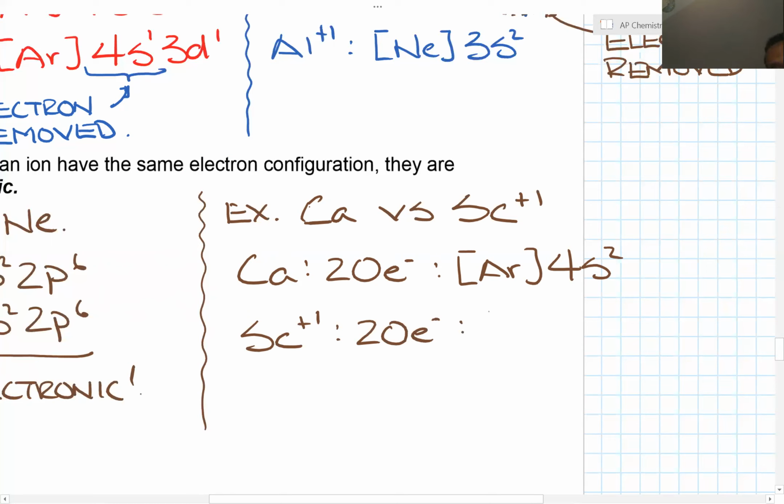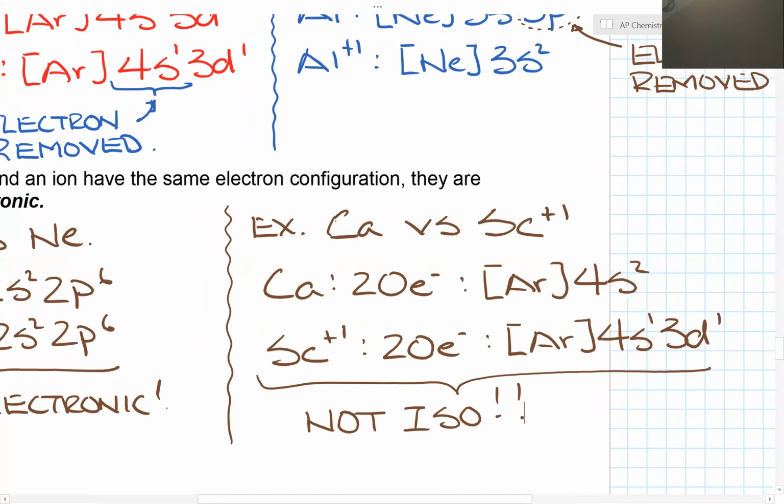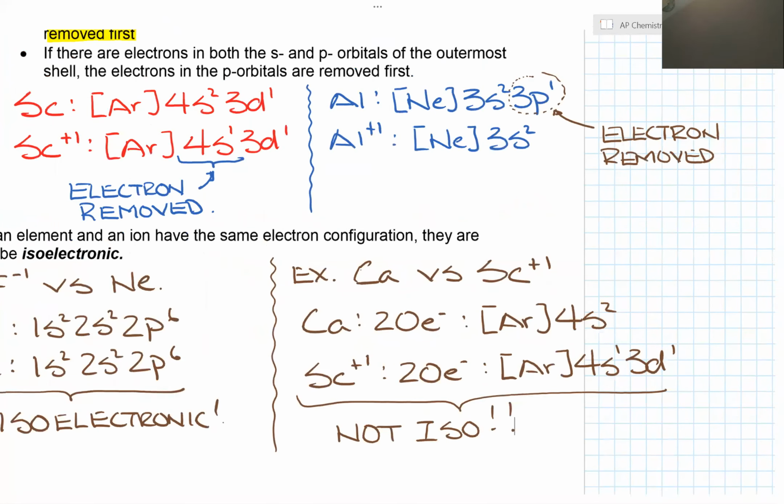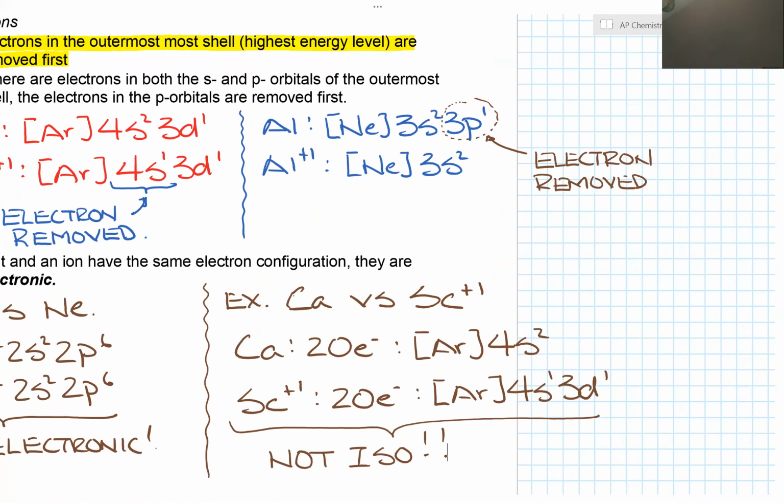But notice it is argon 4s1, 3d1. This is not isoelectronic. And again, it has to do with where, for a positive ion, the electron is removed. It's removed from the highest energy level. Okay?